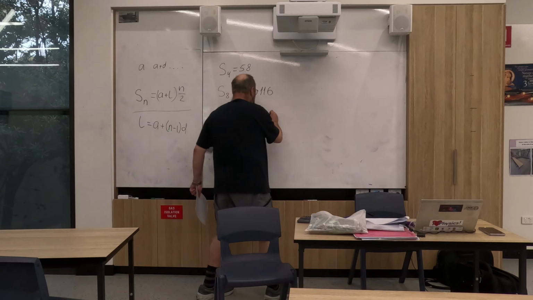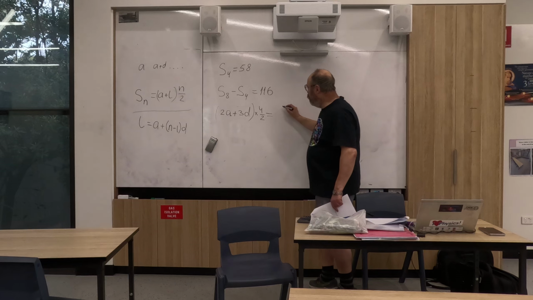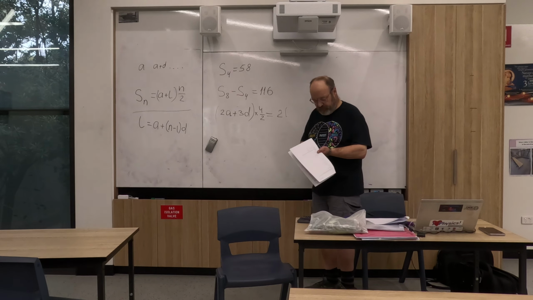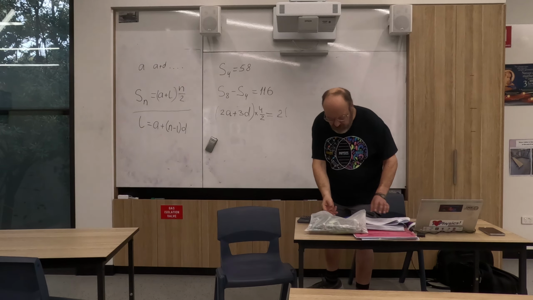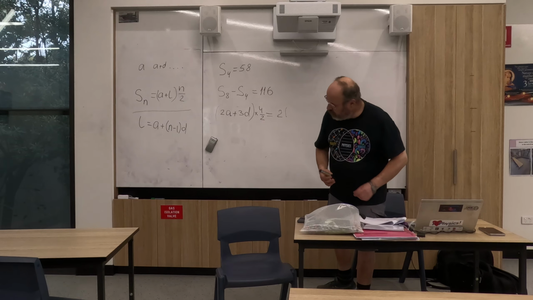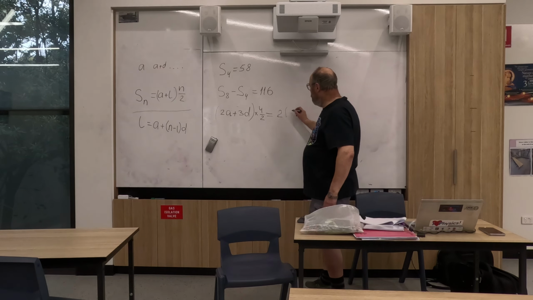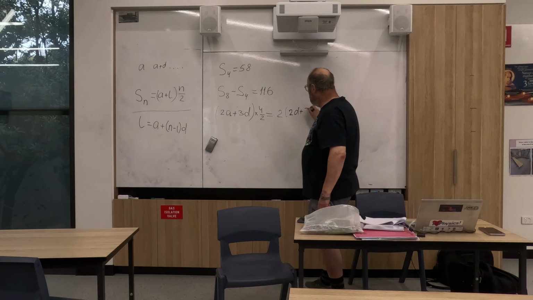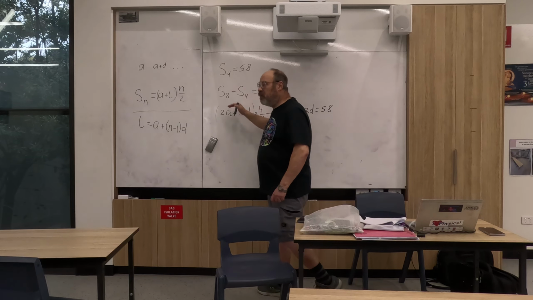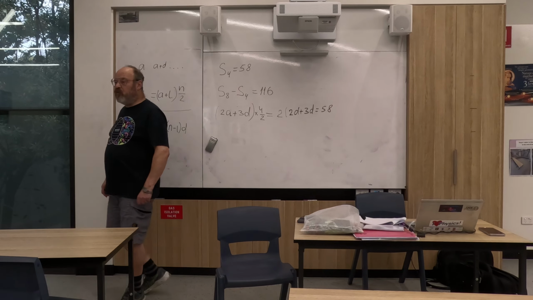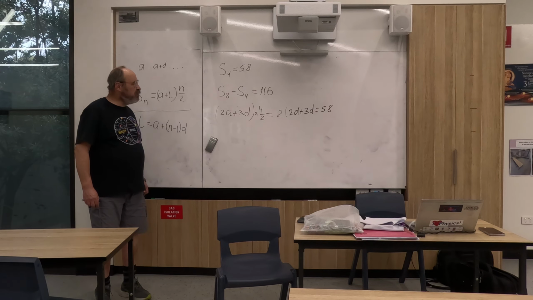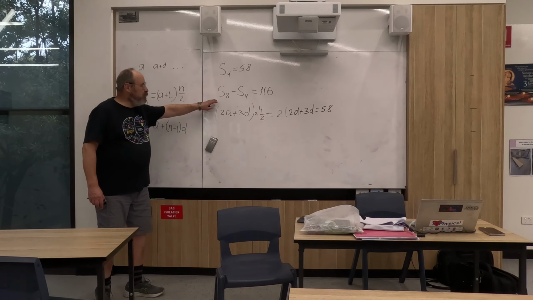So we will get 2 times 2a plus 3d equals 58. Let's substitute the formula for the arithmetic series into this one.